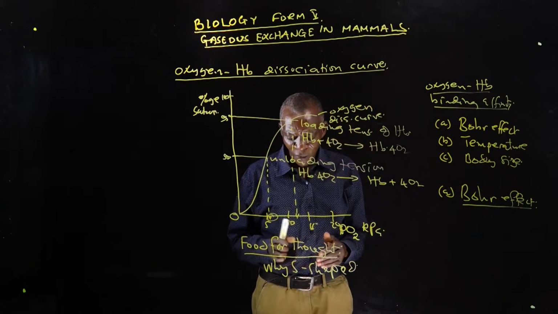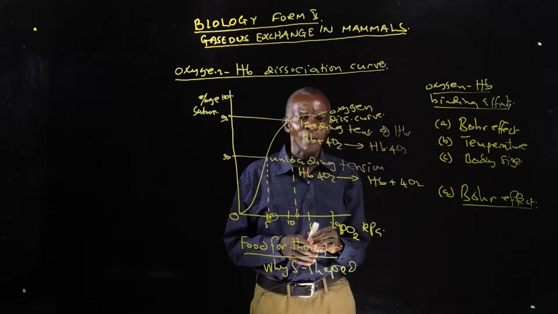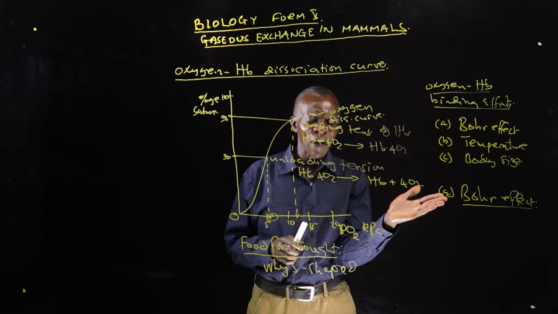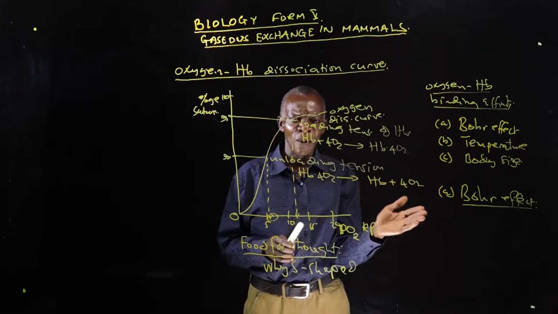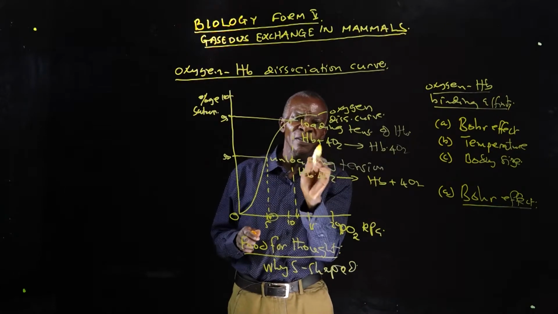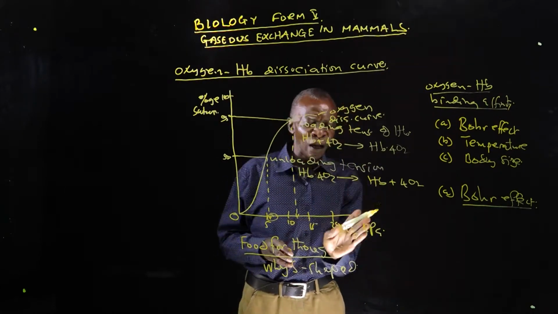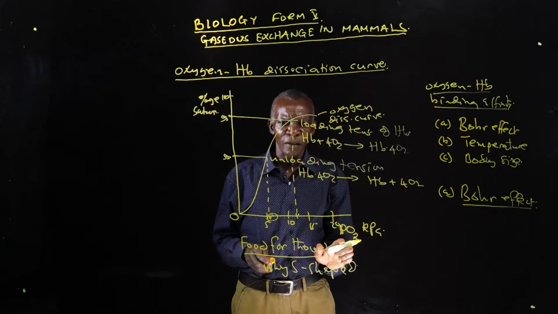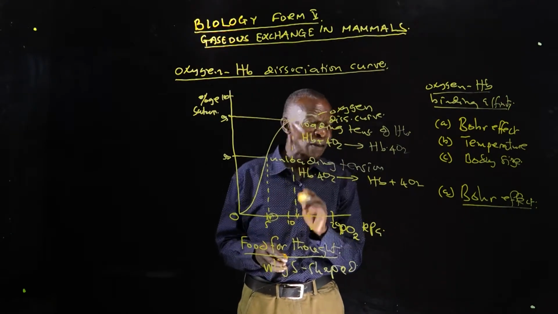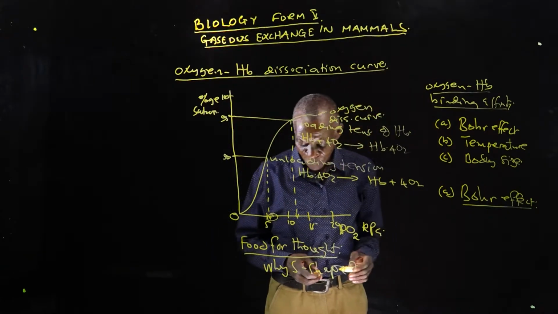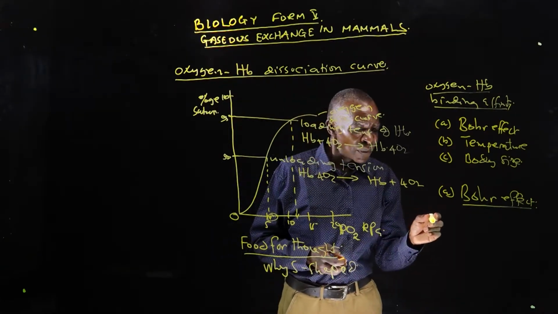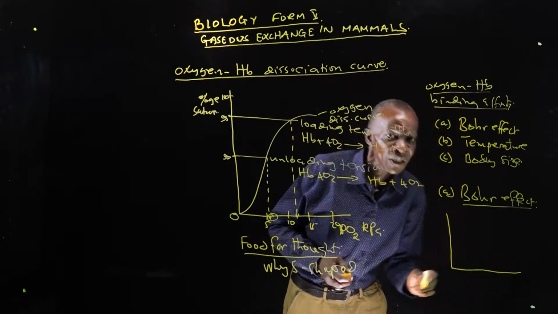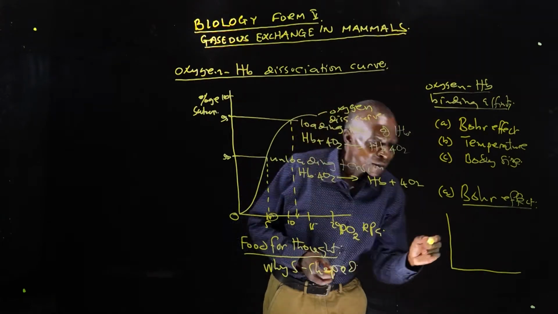And therefore, in these situations, the oxygen dissociation curve will shift towards this particular side. It shifts towards the partial pressure axis. This is an oxygen dissociation curve.